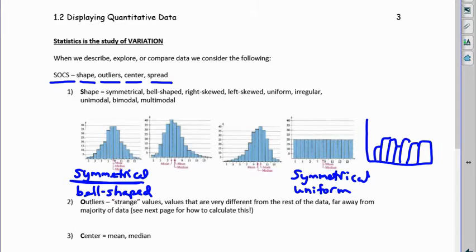Okay, now this shape right here with the tail on the right side, we call that right skewed or skewed right, also known as positive skew.